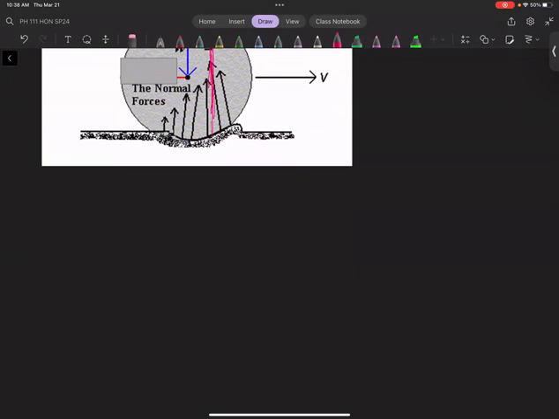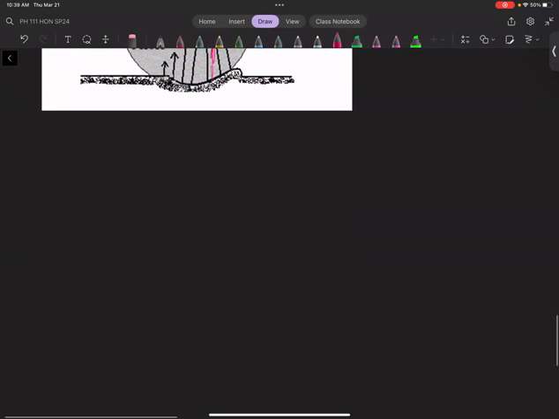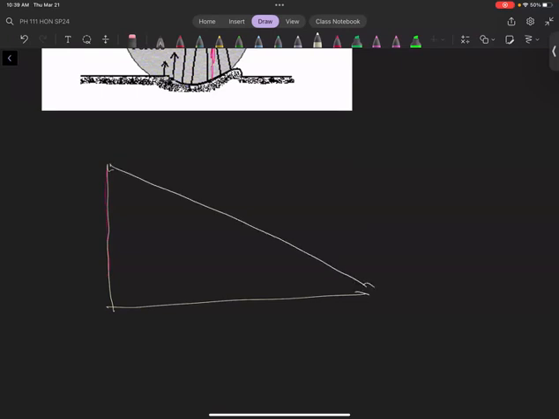Now let's do a fun experiment. Inclined plane, and on top you have a sphere, a hoop, a cylinder, a disc, with identical masses and radii.